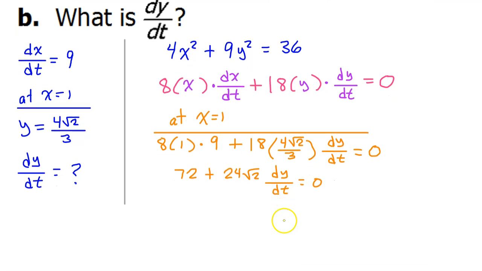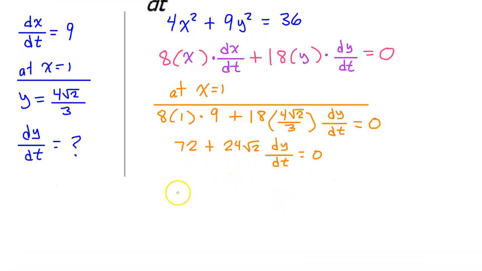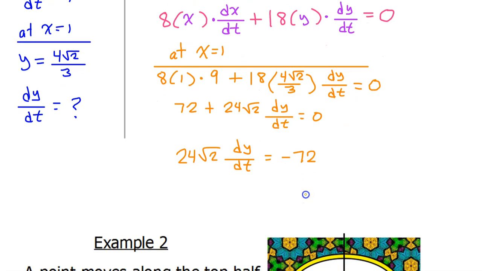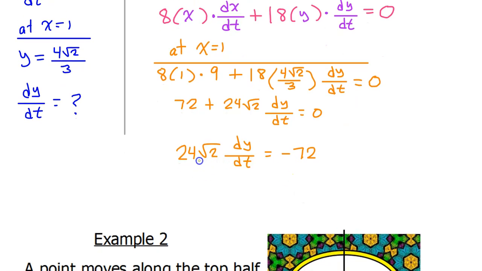Subtracting 72 from both sides gives us 24 radical 2 dy/dt is equal to negative 72. Dividing both sides by 24 radical 2, we have dy/dt is equal to negative 72 over 24 radical 2.